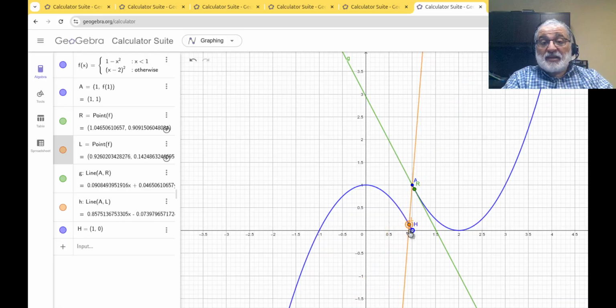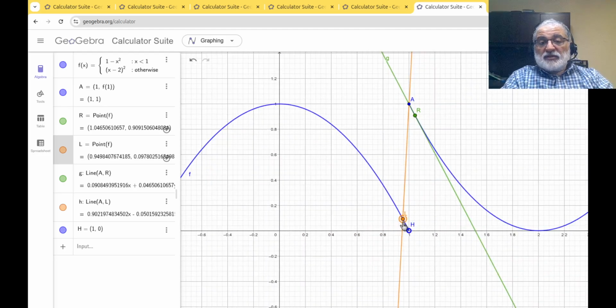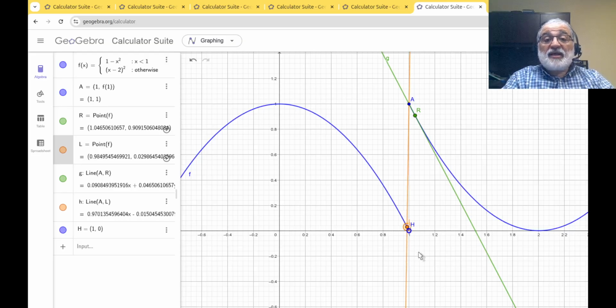Looks fine so far, but bring it closer again and again. What is happening here? Look, we're approaching what? We're approaching a vertical line, and that is pretty much the same problem that we had before. From one side, we have a slanted line with a finite slope.